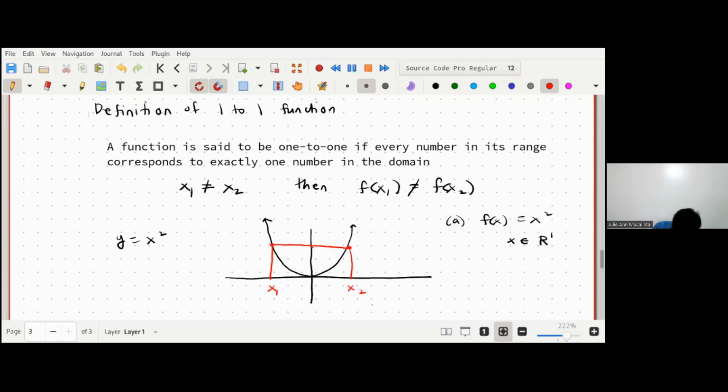So, this one will satisfy f of x1 is equal to f of x2, but x1 is not equal to x2.